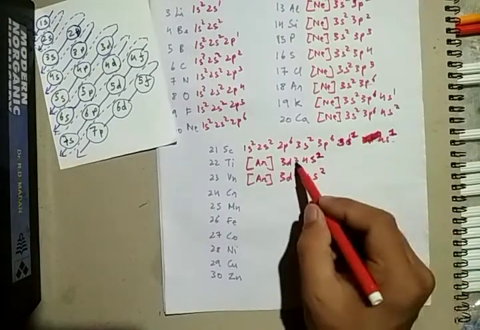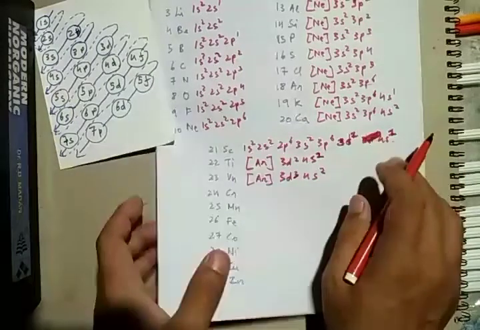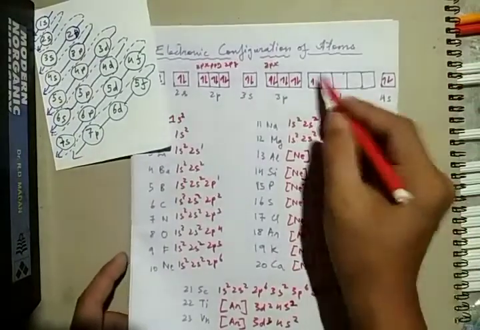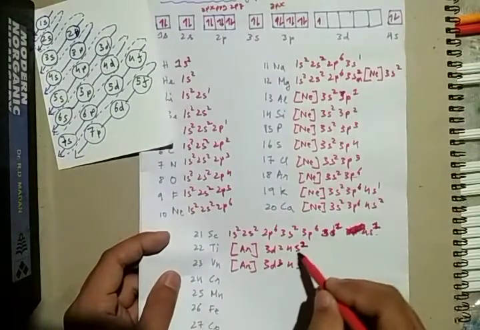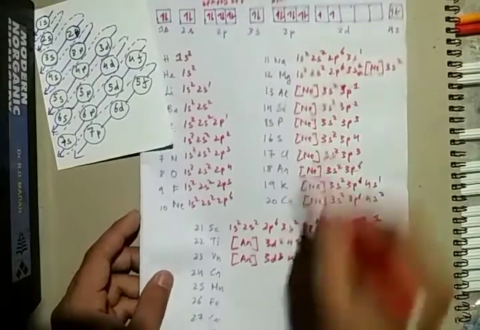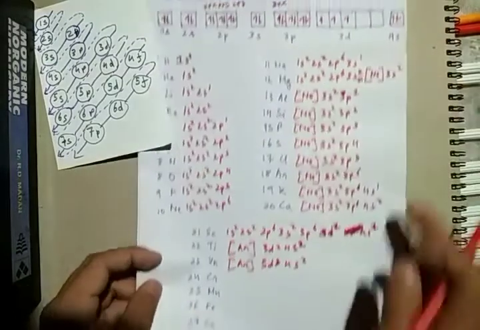After 3d1 and 3d2, this will be 3d3. So for 3d1 let's write here 3d1, and for 3d2, I forgot to write here. For 3d3, it will be singly occupied.